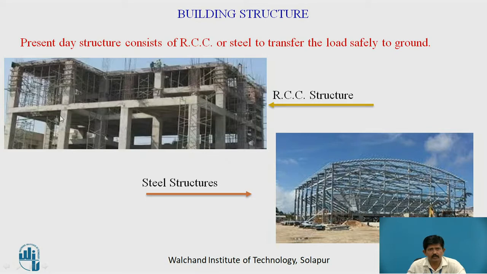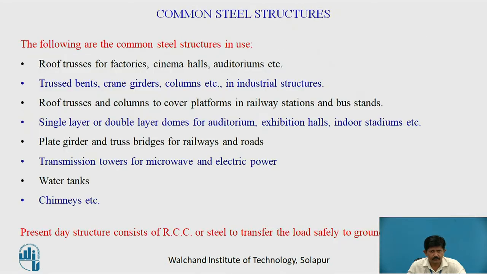Here you can see the RCC structure, which has members of bigger size, and the spacing between these columns is very small. Whereas in this you can observe the steel structure having columns spaced far apart, and the size of the columns and members is small compared to the RCC structure.